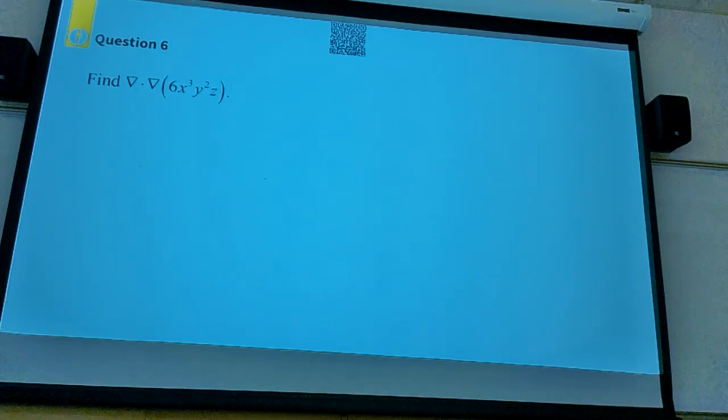Well, clearly we're taking the divergence, right? Del dot. That's divergence. But you can only take divergence of vector fields.